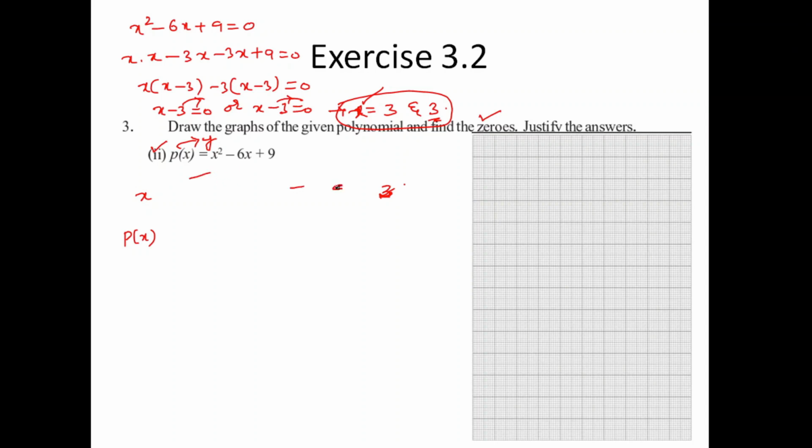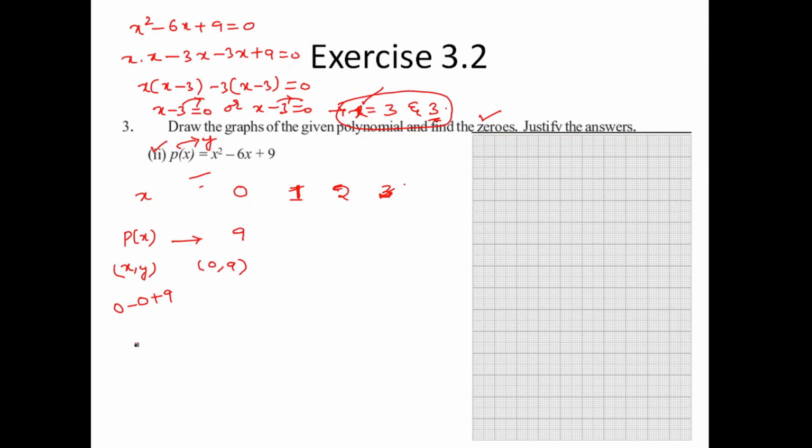Similarly, I'll take the value of 2, the value of 1, and the value of 0. That's enough, right? So when I substitute 0 in this equation, 0 minus 0 plus 9 is your answer. So this is your 9. What would be the coordinates of x comma y? The coordinates are 0 comma 9.